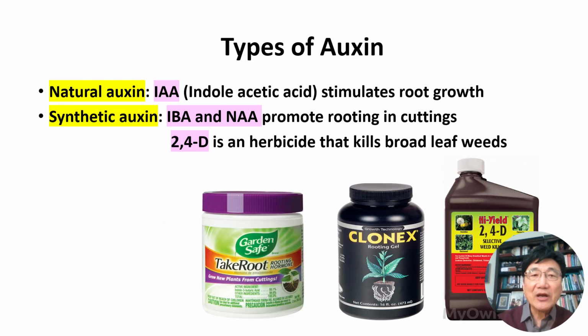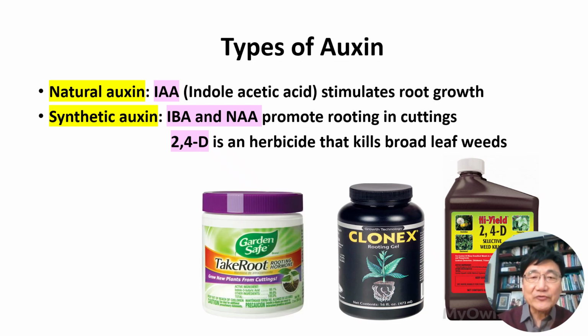There are natural auxins and synthetic auxins. IAA is a natural auxin and it stimulates root growth in plants. IBA and NAA are synthetic auxins.